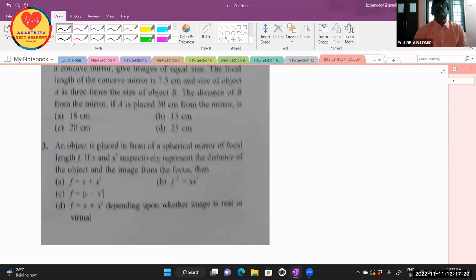If x and x dash respectively represent the distance of the object and the image from the focus, then: option A, f is equal to x plus x dash; option B, f squared is equal to x x dash; option C, f is equal to x minus x dash; option D, f is equal to x plus x dash, depending upon whether the image is real or virtual.